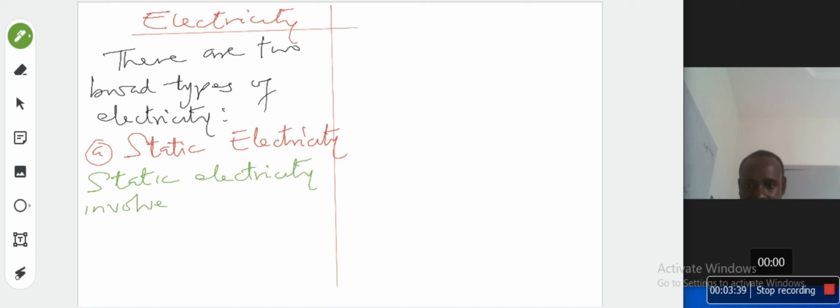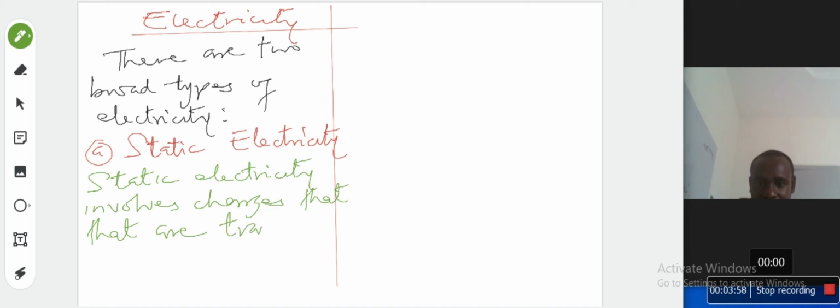Static electricity involves charges that are transferred and stay in their transferred position. Remember, I said charges are particles with an unequal number of protons and electrons.